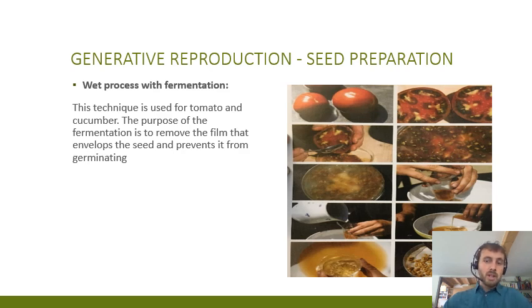If you don't do it, you might think it's okay because you don't see anything, but you have a thin film around the seed that will prevent it from germinating. So you have to do this fermentation process. You just put the seed with the pulp in a glass with water for a few days to get the fermentation, and then you can wash the seeds like normal.